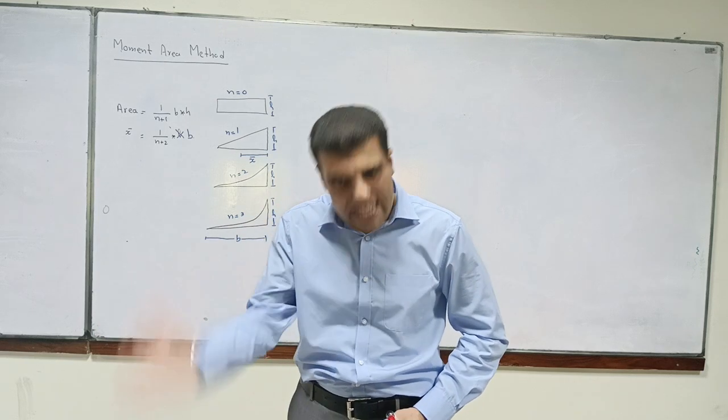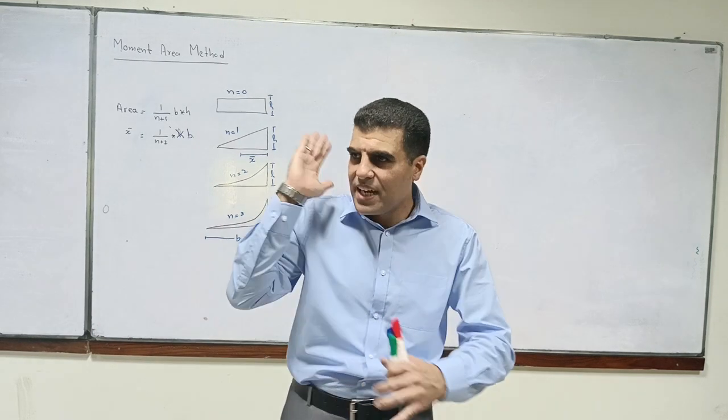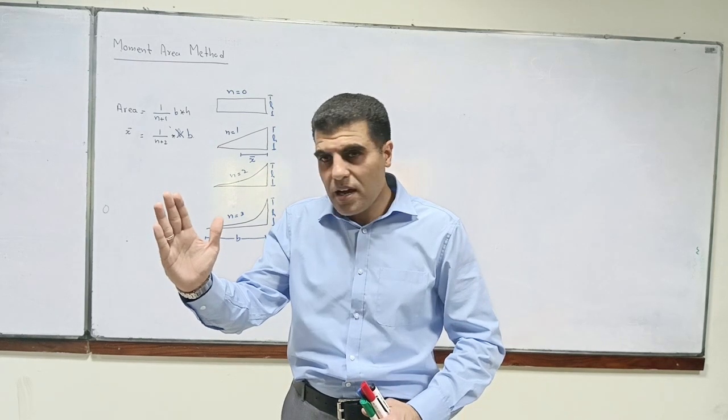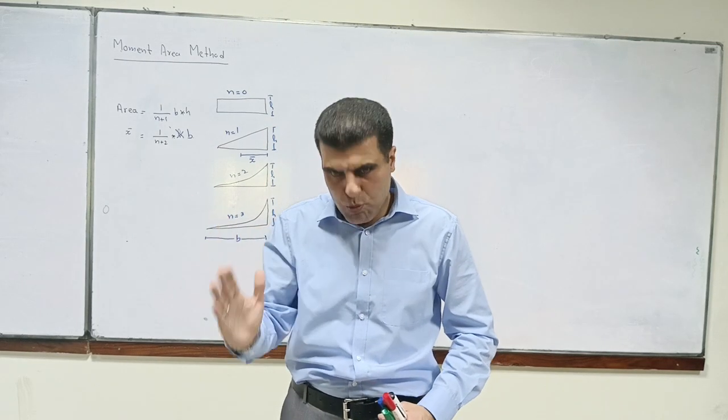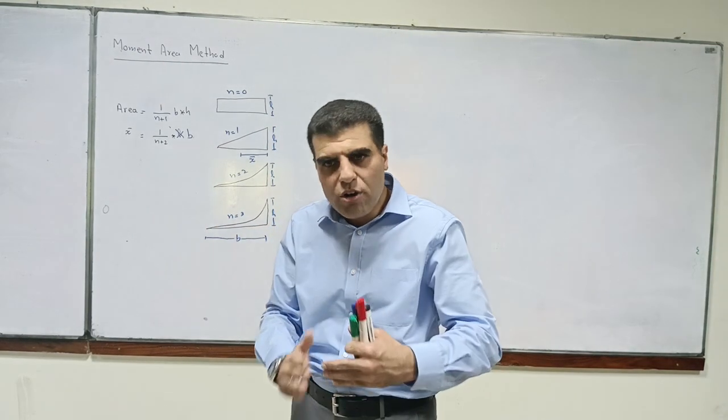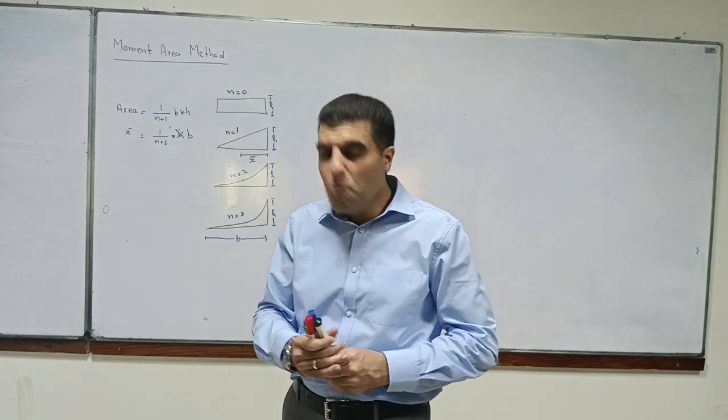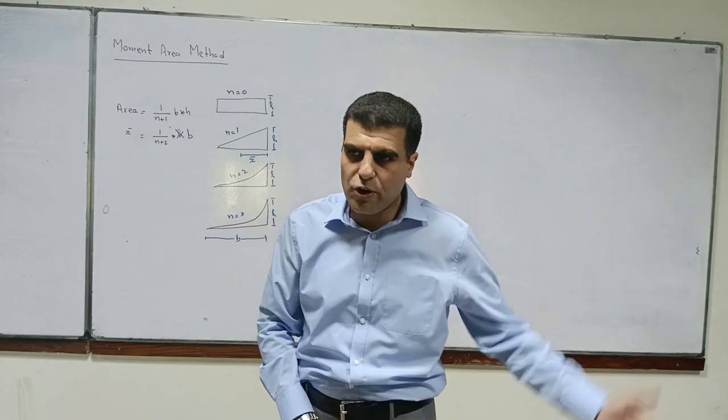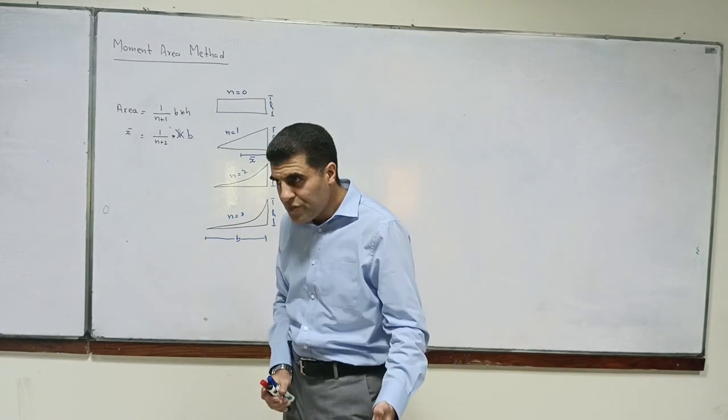We call that point the fixed point. In other words, you assume that you have a fixed support at that point. You will have a set of moment diagrams because you draw it for different loads.